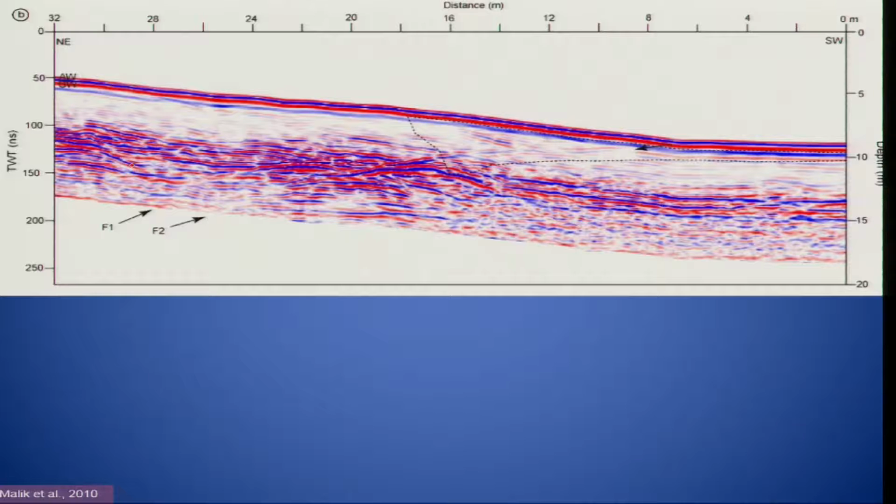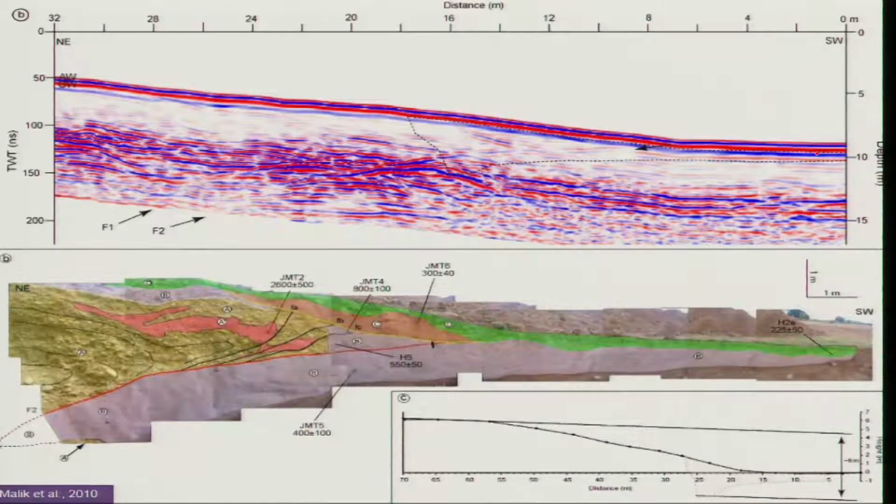So, this is one reason that we did GPR, ground penetrating radar, and tried to find out the near-subsurface deformation. This is our fault plane, and this is the fault scarp here. We open up the trench, and then we date the soil to identify the events and bracket them.